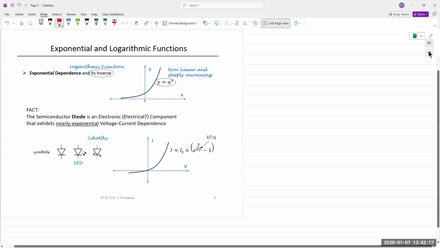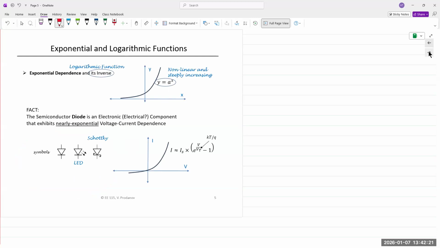All right, other functions that we'll look at when we work with diodes. Diode is a non-linear device. Again, we're not going too much into the physics or the workings of the device.